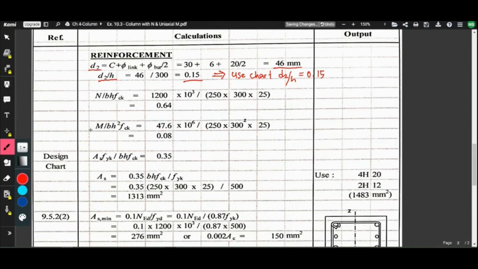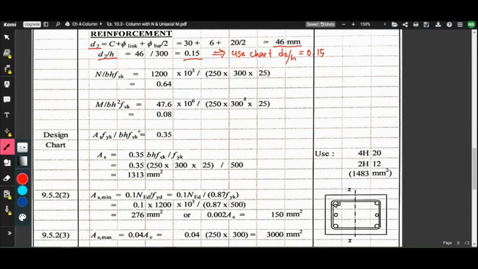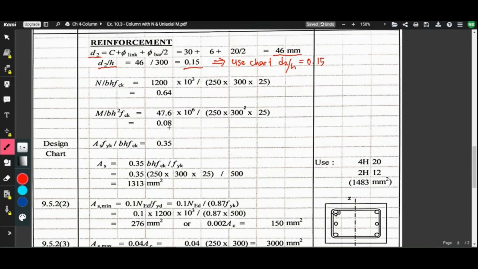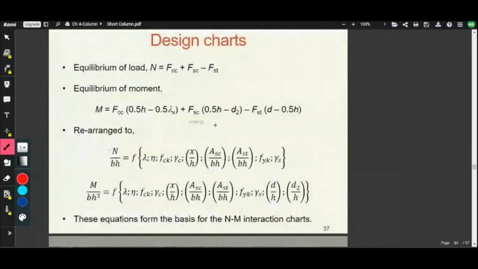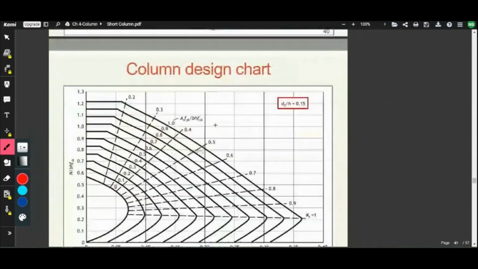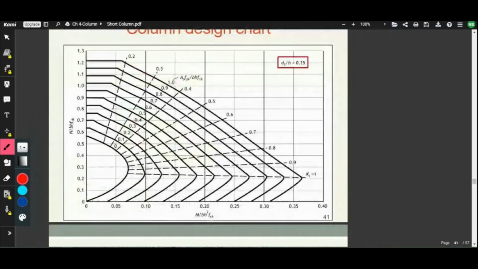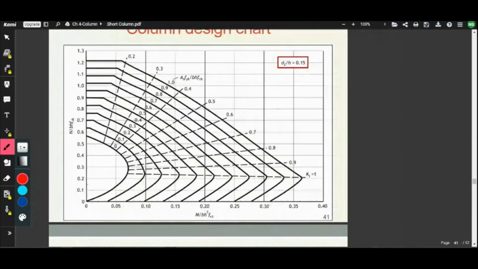Okay, and then calculate N over b h fck, and M over b h fck. Then we can look at the design chart, d2 over h 0.15. Okay, this one. We have N over b h fck 0.64 and 0.08.